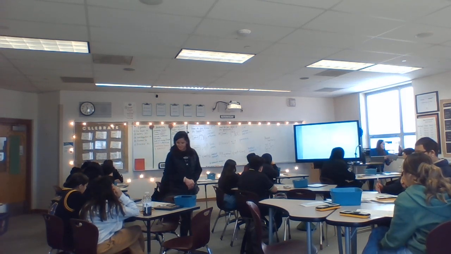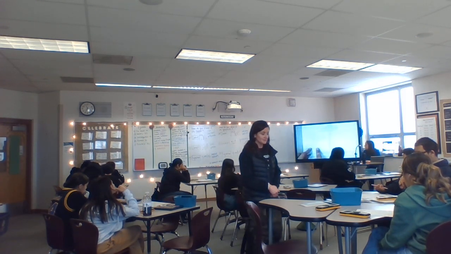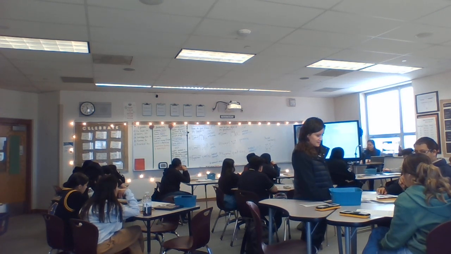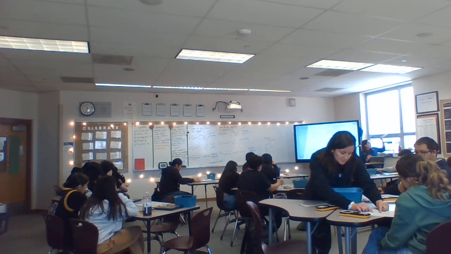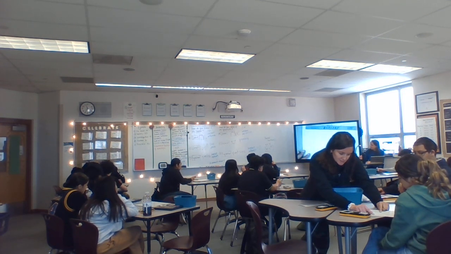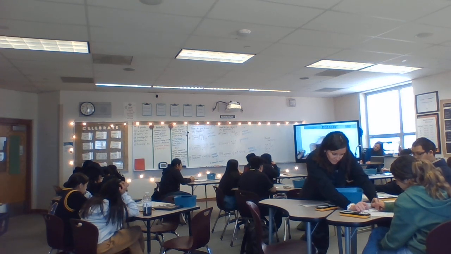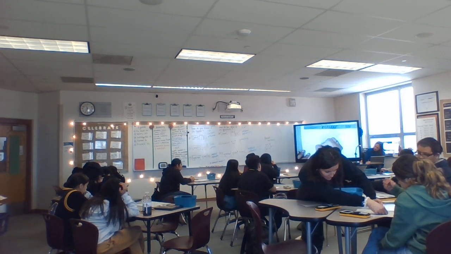Now, for the explicit formula, which I'll go through more in our notes tomorrow, every function has a parent function, okay? For linear, the parent function is y equals x, and it looks like this, where it goes right through the origin.